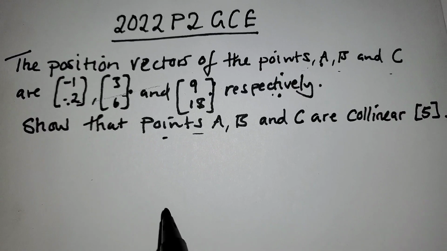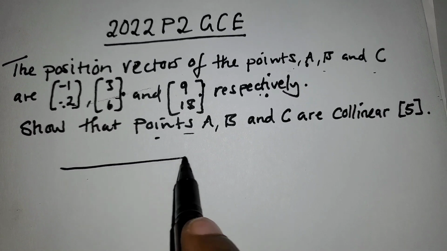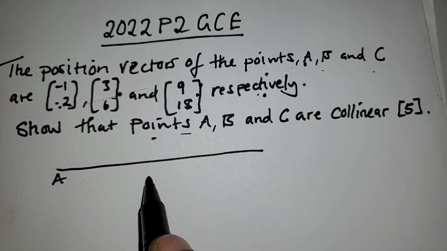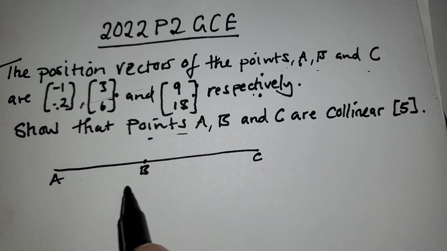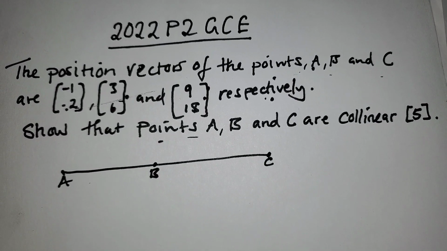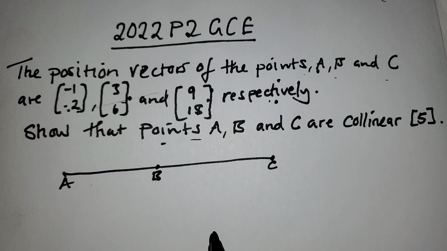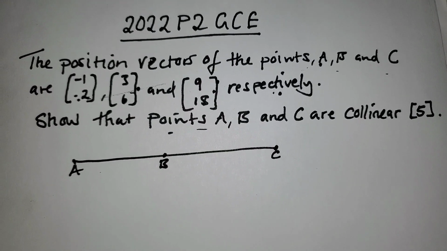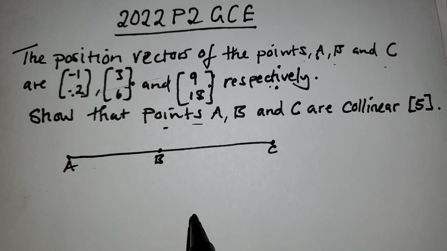Collinear means all the 3 points are in the same line. So let's say point A, point B, and point C are in the same line. We want to show that they are in the same line. Now, there are different ways of showing collinearity, but in this video we're going to show collinearity by finding the gradient.